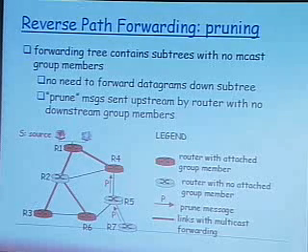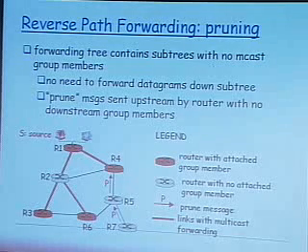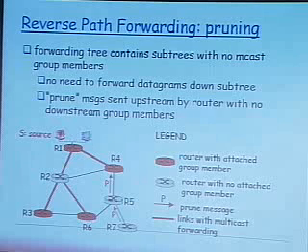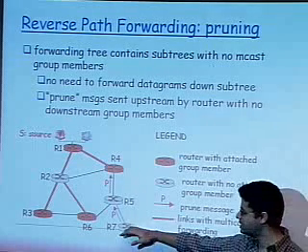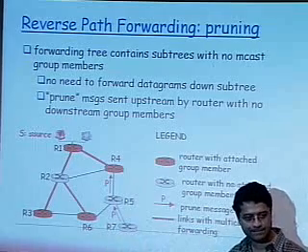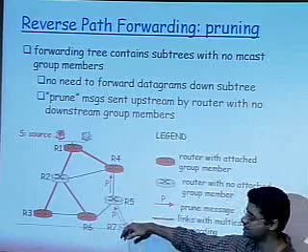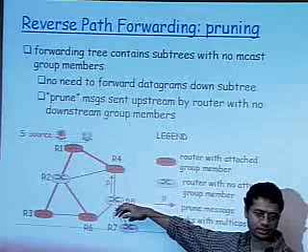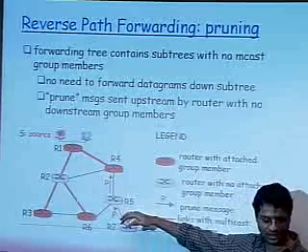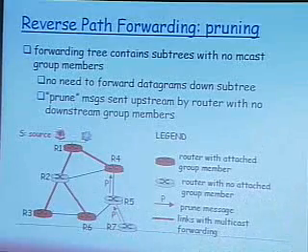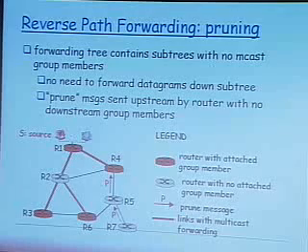Now, as I said earlier, in reverse path forwarding, this packet reaches all the routers in the network, regardless of whether they are part of the multicast group or not. And what you do is you send prune messages upstream. So if this router R7 has nothing connected downstream, it's going to send a prune message upstream to the router it received the multicast packet from, and it will tell that router that I'm not interested in this multicast group, do not send me the packets.